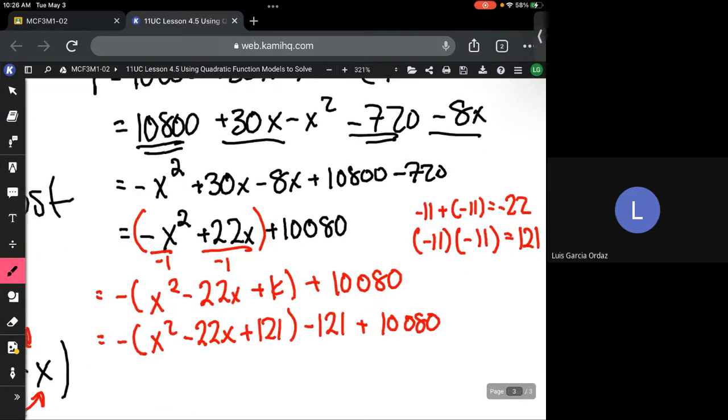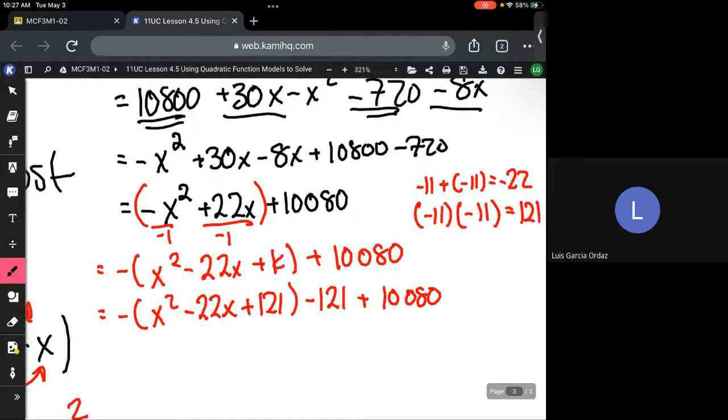Sorry, how did we get the 22? Because negative 11 plus negative 11 gives us negative 22. So we have to find something that adds up to 22, and then our product is those two numbers multiplied together. Oh, so that's how we get our k. Gotcha.